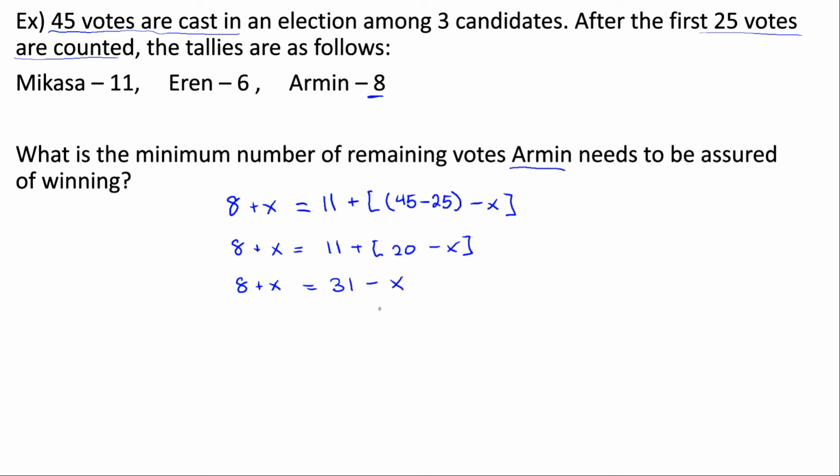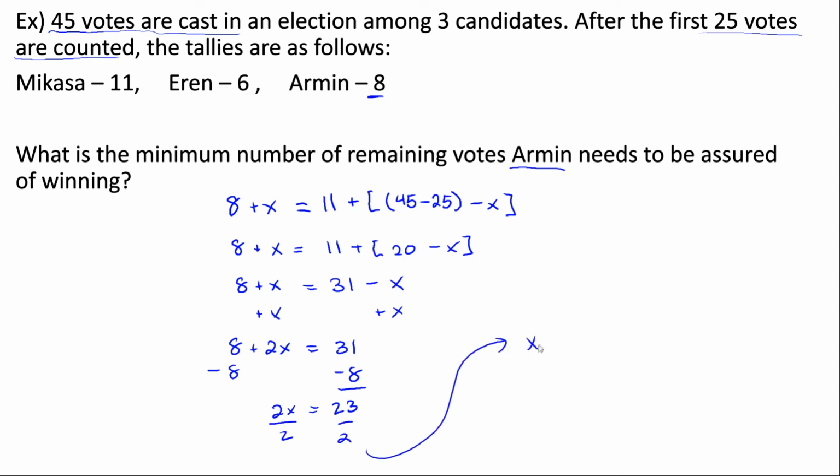And we can add x to both sides to undo the subtraction over here. We can subtract 8 from both sides. We end up with 23. Now we divide both sides by 2.